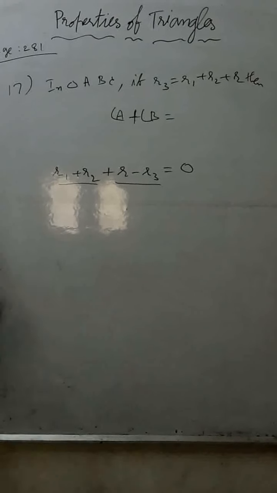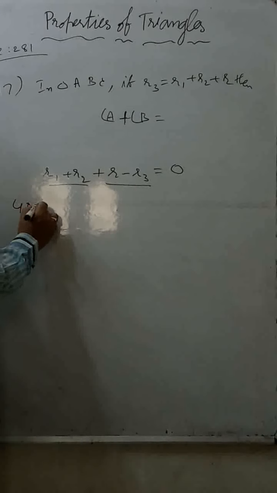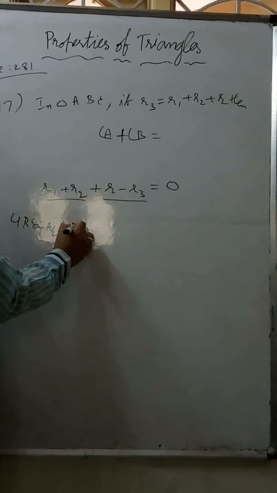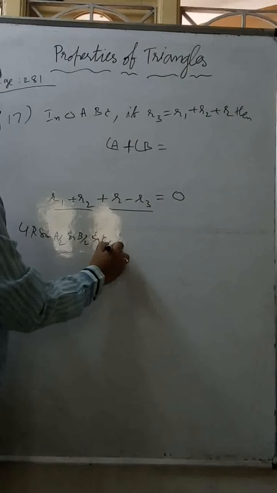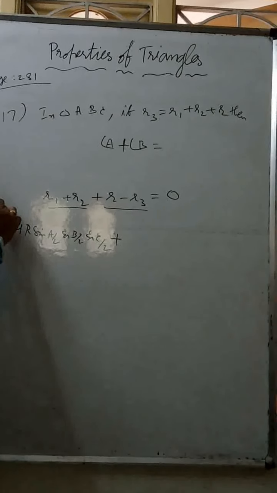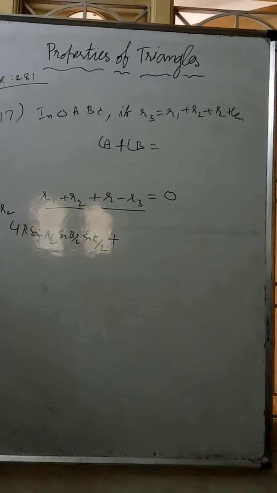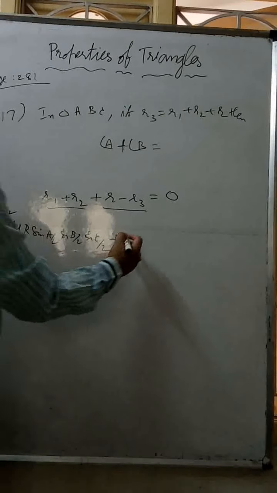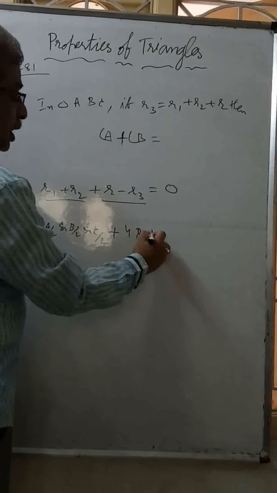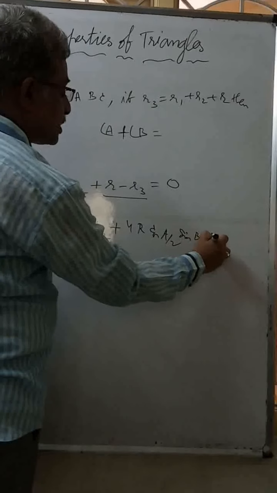Still I will do again, for repetition. R1 is 4R sin A by 2 cos B by 2 cos C by 2, plus R2 is 4R cos A by 2 sin B by 2 cos C by 2. I am doing R1 plus R2 separately, R minus R3 separately.